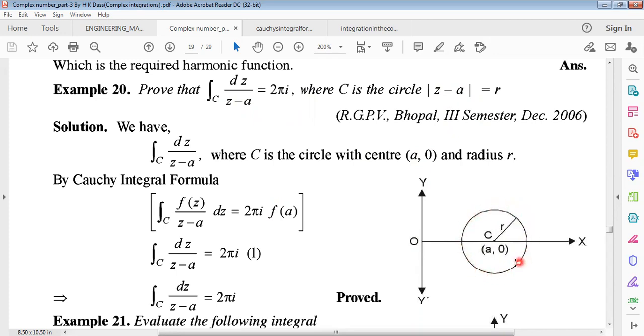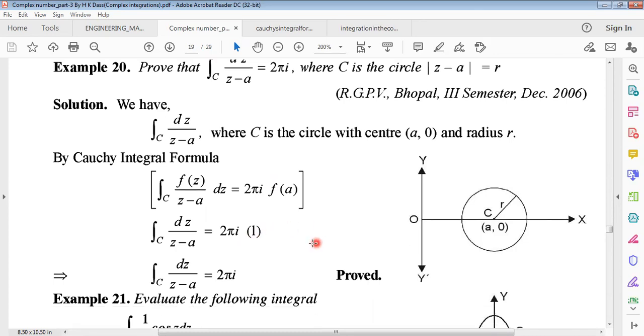So f of a can be written as 1, unit value. Just multiplying with 2πi, we can write this.